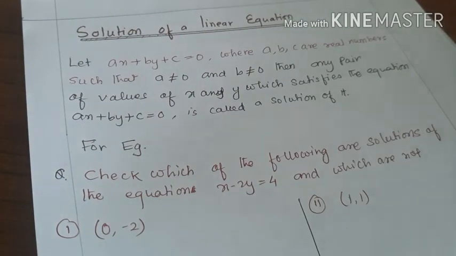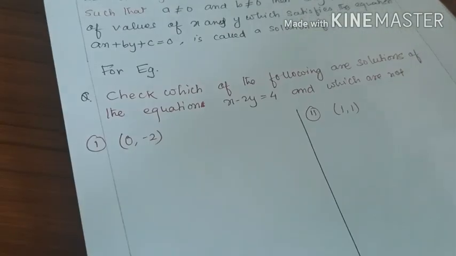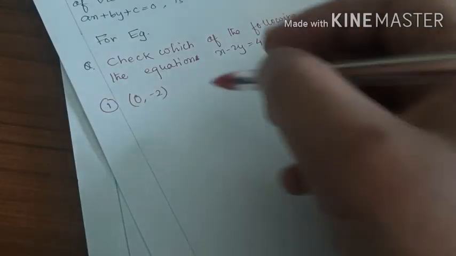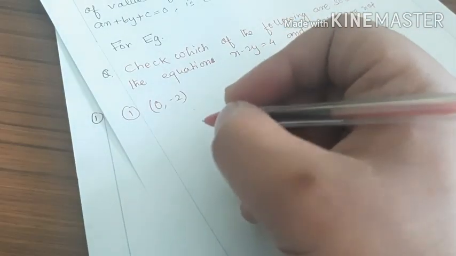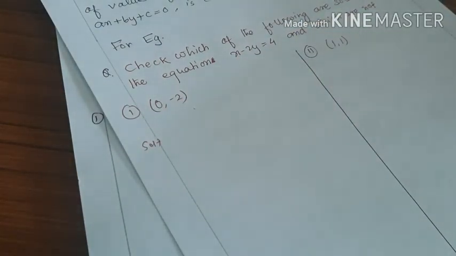Similarly, in linear equations in two variables, we have the same thing. To understand that, check which of the following are solutions of the equation x minus 2y equals 4. So let's solve it. We'll write here, solution.